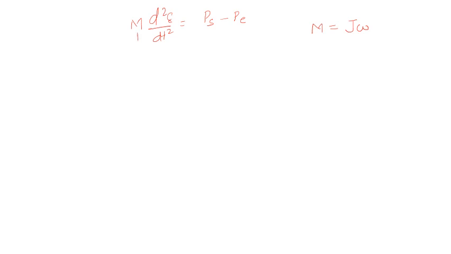Now this M is not always a constant quantity. The swing equation majorly comes into the picture when there is a change in power, that means under transient conditions.